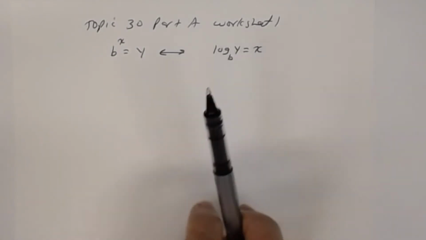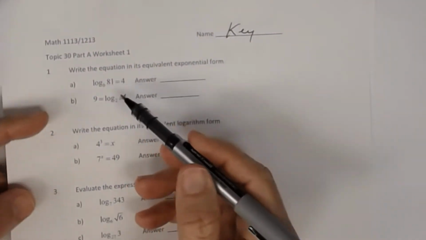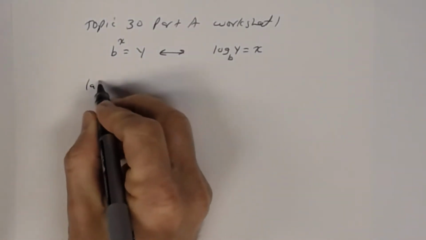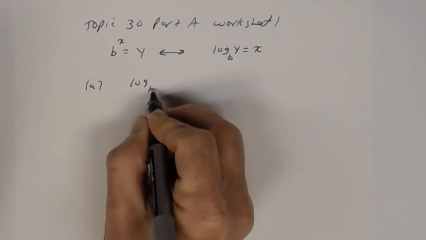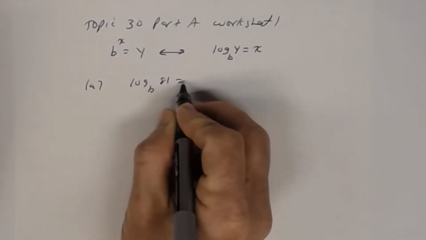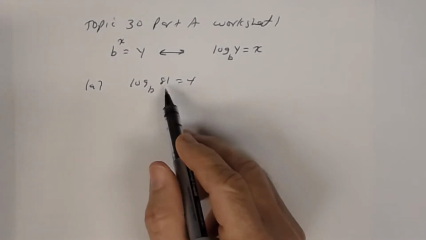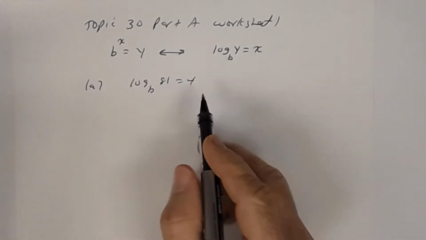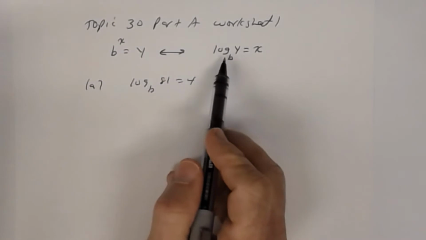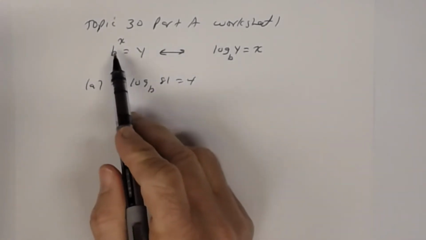All right, so let's look at number 1. In 1a, you have the log base b of 81 equals 4. You want to change this log equation to exponential form. Remember, the base of the log is the base of the exponential.